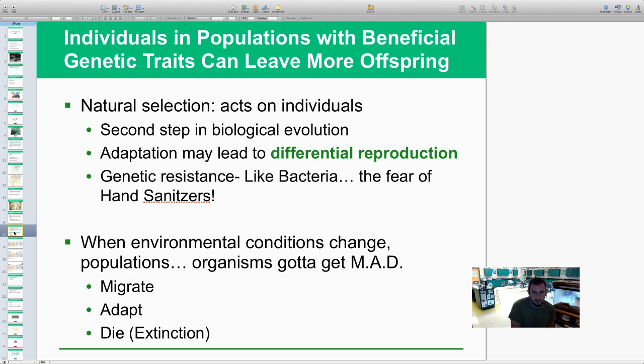That is the danger there. But those organisms that do survive that exposure to hand sanitizers will live on, reproduce more, and lead to more offspring being resistant to antibiotics or hand sanitizers.